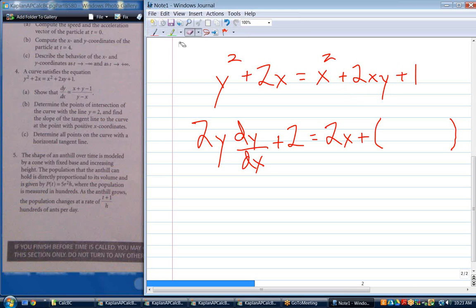You took the derivative of this times that. Now we need the reverse, so it's 2 times y there, and then plus 2x times dy/dx. In other words, for this second term, we need to take the derivative of y, which is 1 dy/dx.